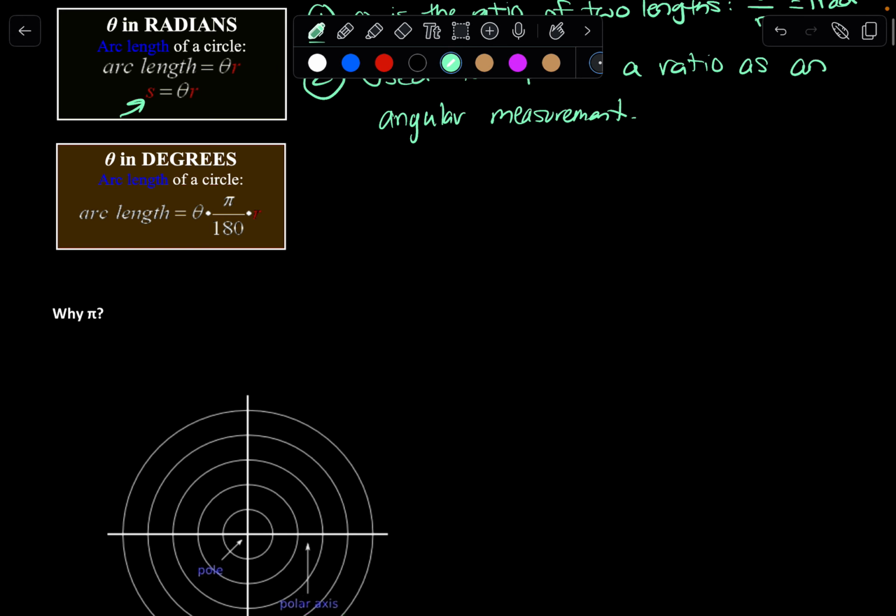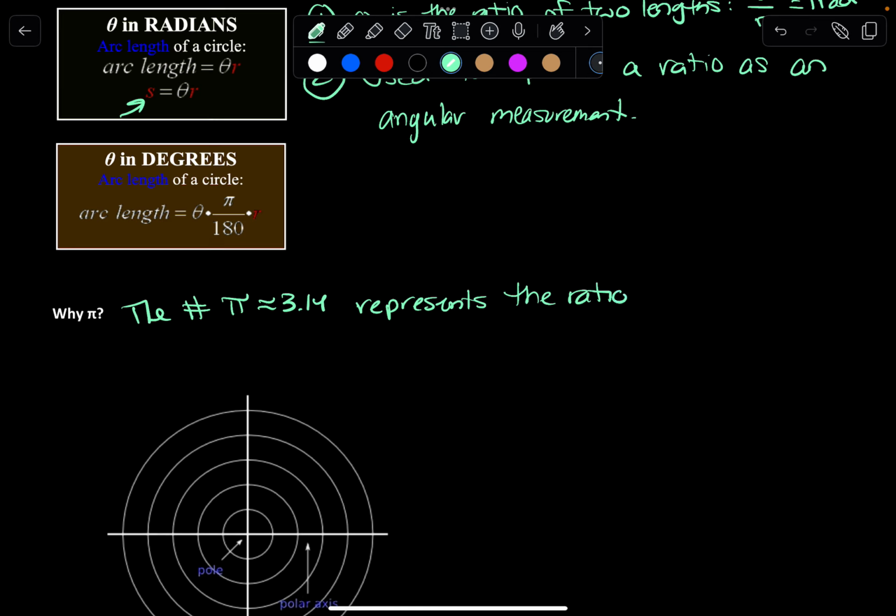All right, so why do we use pi? So the number pi, which is about 3.14, that's the famous abbreviation, it represents the ratio of a circle's circumference to its diameter.